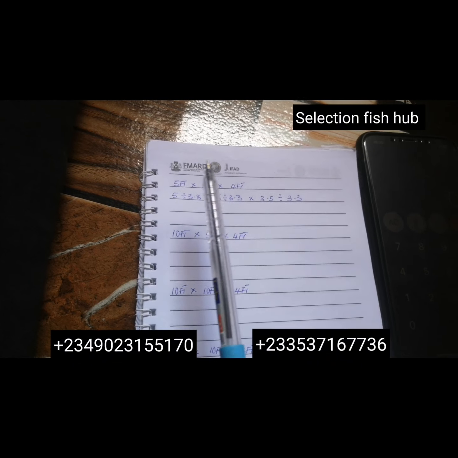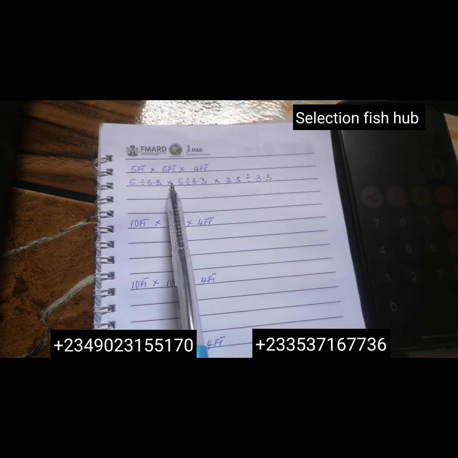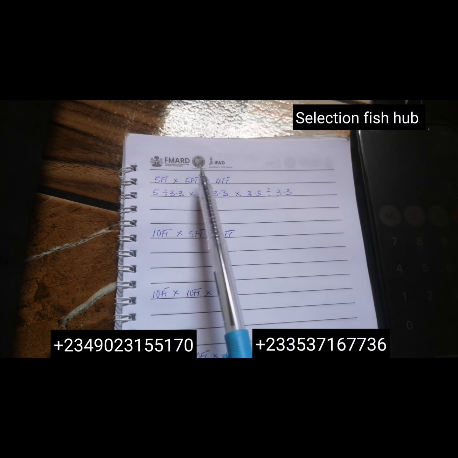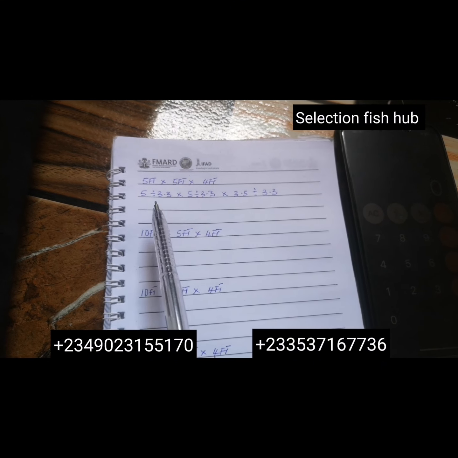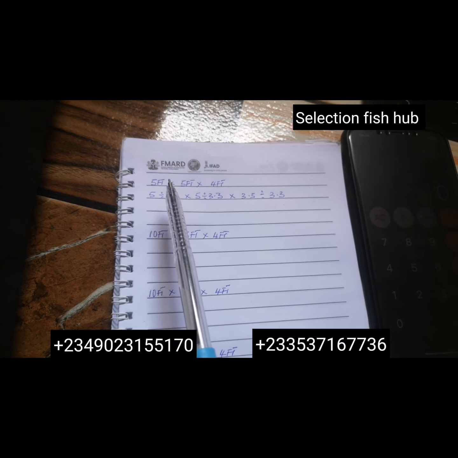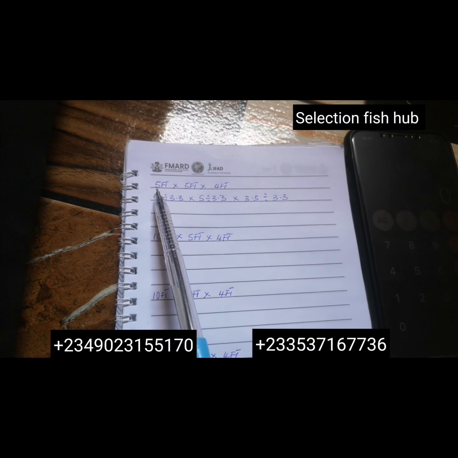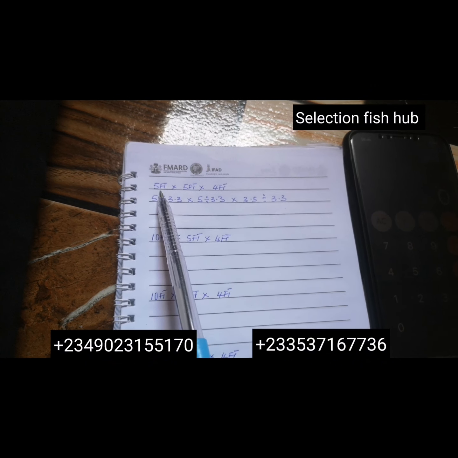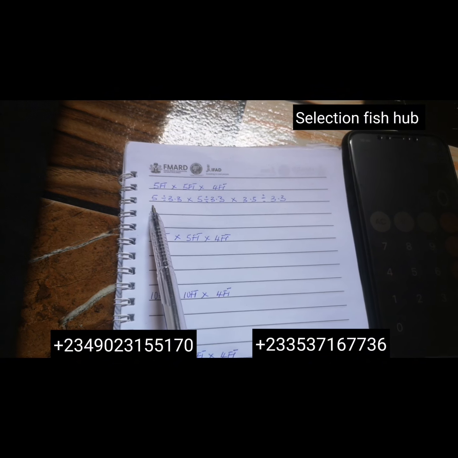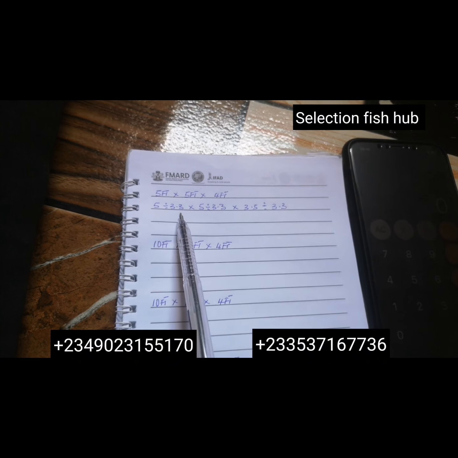We want to calculate the stocking density of a 5 feet by 5 feet by 4 feet pond. So what we are going to do is to convert this particular feet to meters, and how we achieve that is to divide 5 by 3.3.